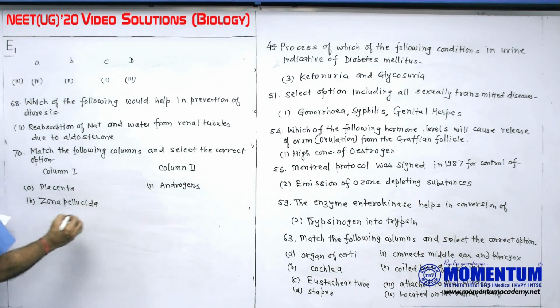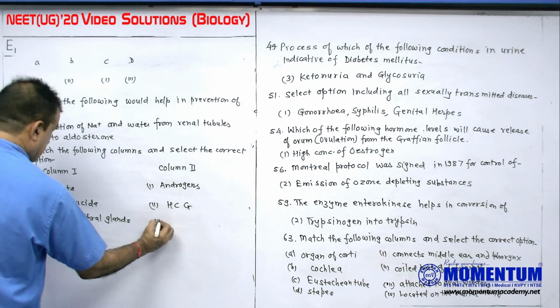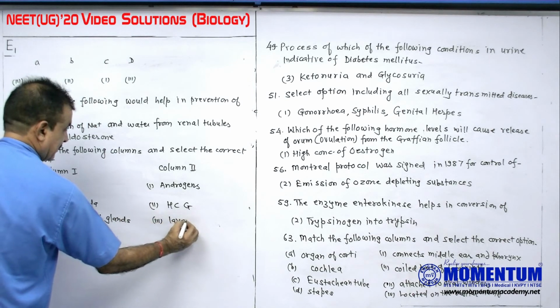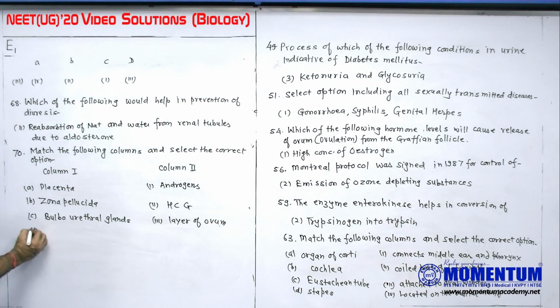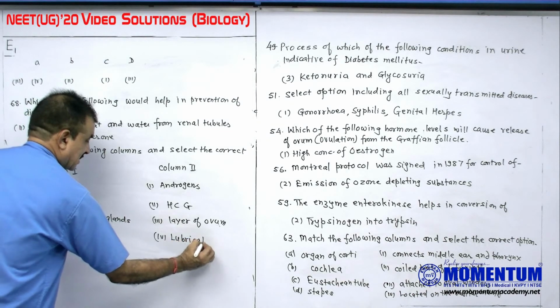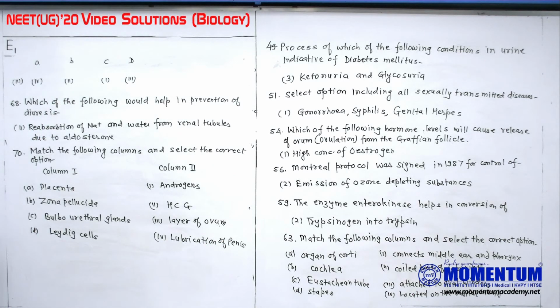B, zona pellucida, human chorionic gonadotropin. C, bulbourethral glands, layer of the ovum. Then D, Leydig cells, lubrication of penis. These are the options which are given.